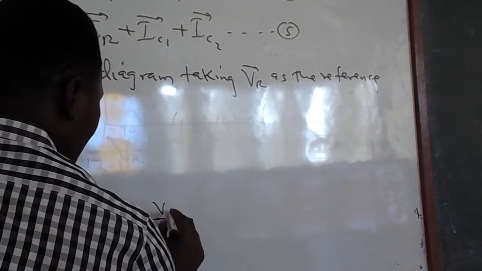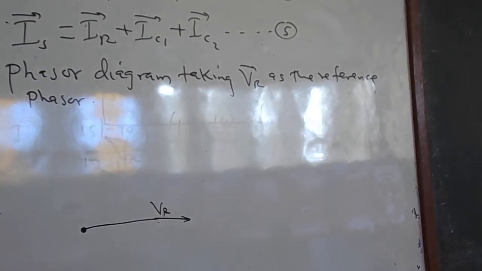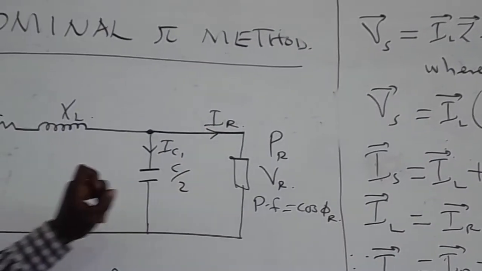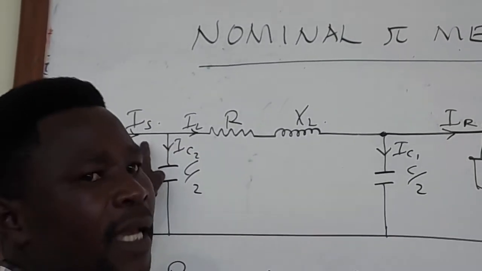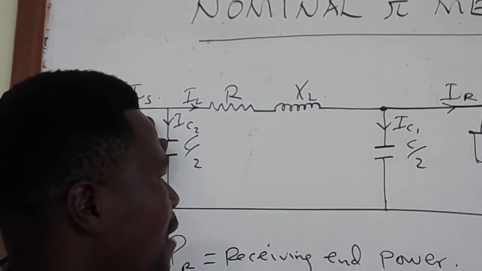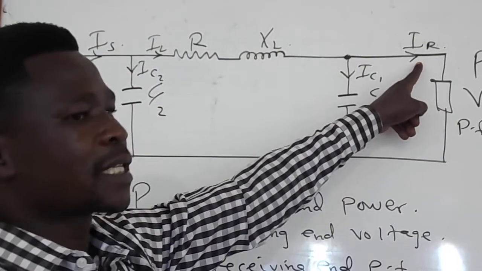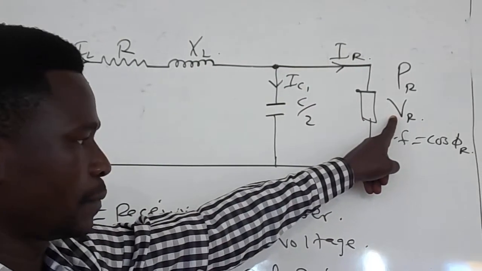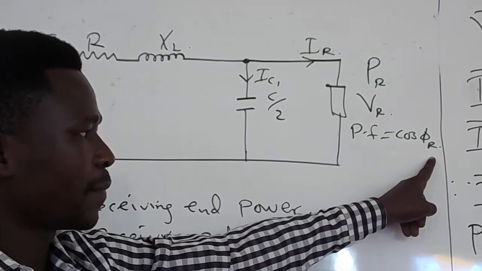Now, if you look at the currents that we have, we have IR, the receiving end current, the line current, and the sending end current. You will realize that the receiving end current is lagging behind the receiving end voltage, so that the power factor cos phi r is lagging.